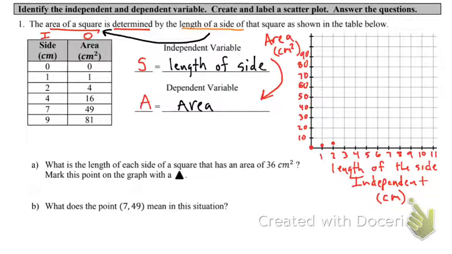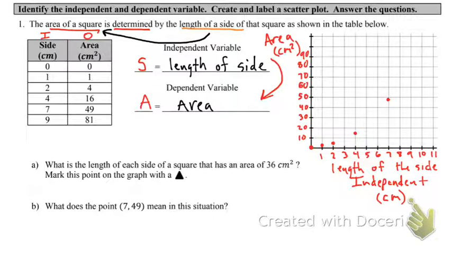And then when I plug in 4, I get 16. Hopefully you're getting the hang of this. So (4, 16), again about halfway, right here. And then the next one we have is (7, 49). It's close to 50.